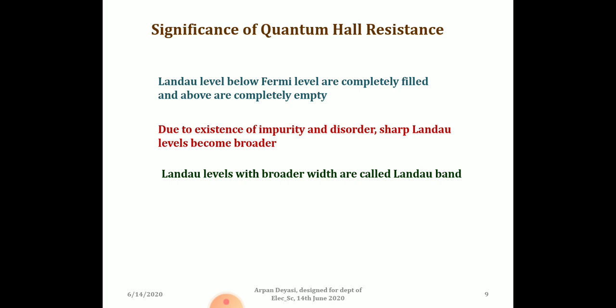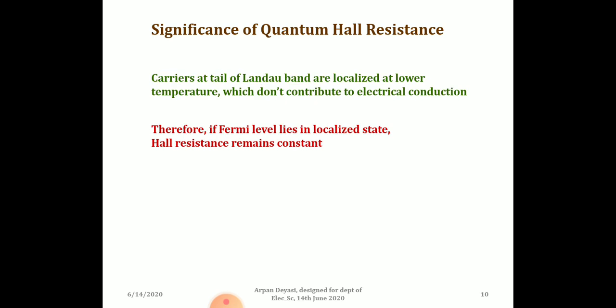And that's why they are called Landau bands. If you recall my lecture 6, I also stated that energy levels in a quantum well system are not single levels, they are also bands, a combination of multiple energy levels. Similarly, a Landau level is not a single level, it's a band. But mind it, these are very closely spaced levels.